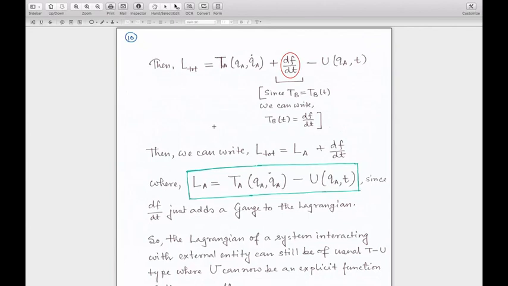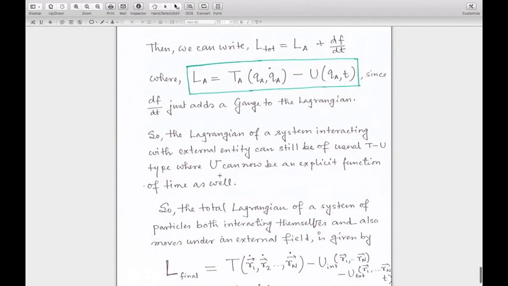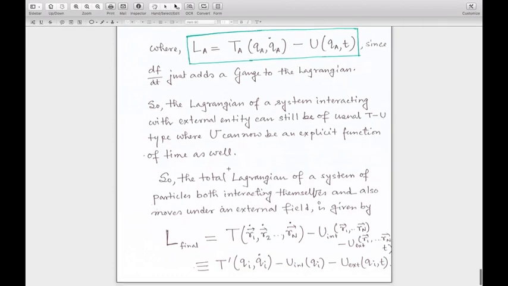You don't have to find LA every time, because L tot written in terms of QA, QA dot and t gives the same equations of motion as LA. That's the message. So the Lagrangian of a system interacting with an external entity can still be of the usual T minus U type, where U can now be an explicit function of time as well.